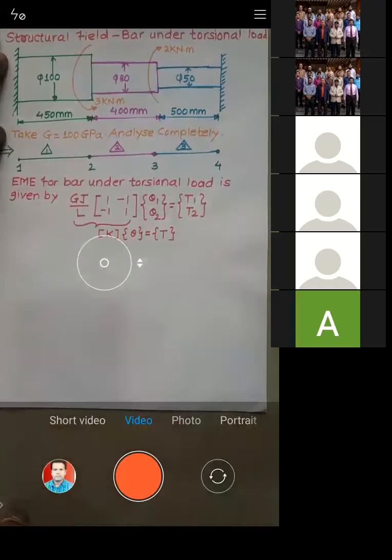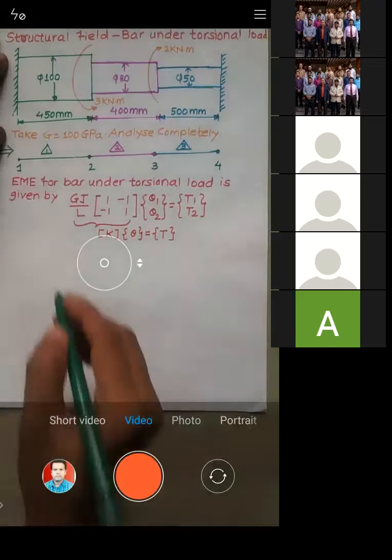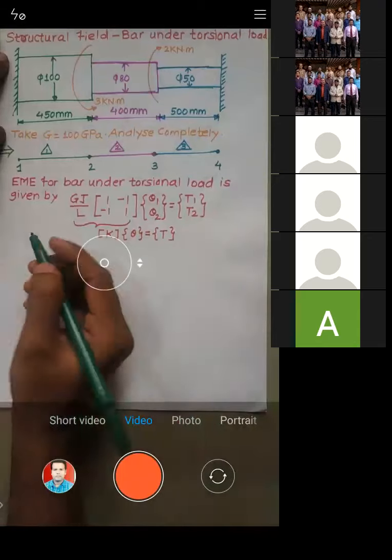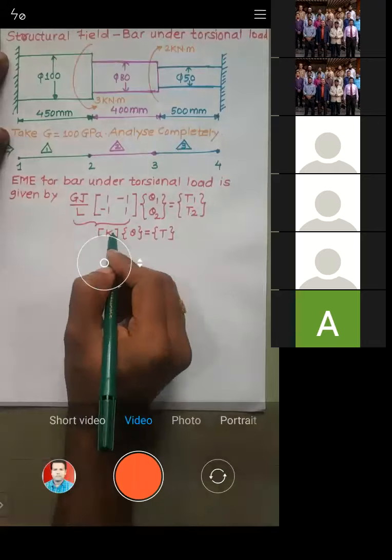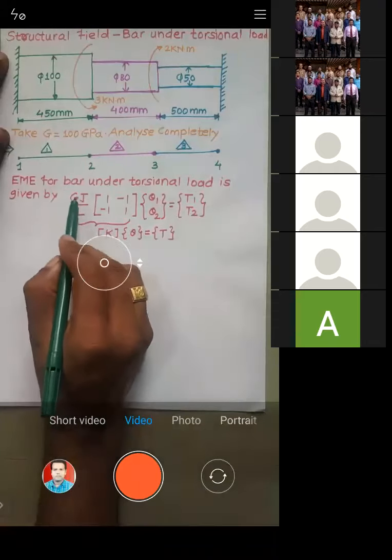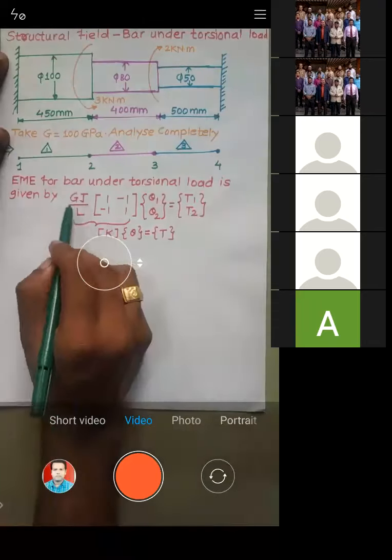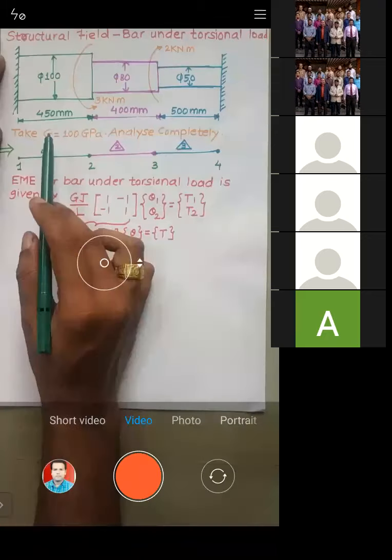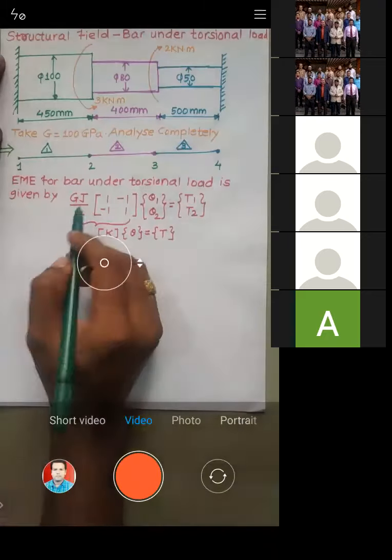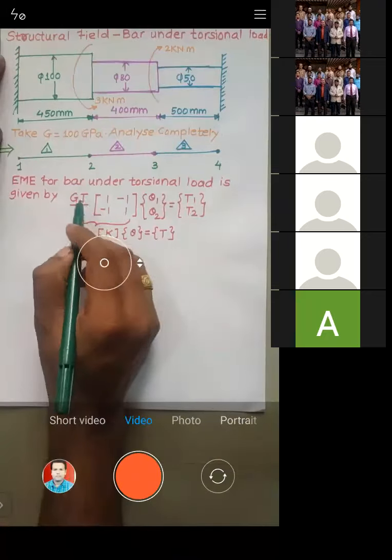So let's start with the calculation for element number 1. K requires G, J, L. G is the modulus of rigidity, also known as bulk modulus, which is given in the problem. Now we need to calculate J, because J is not given in the problem.